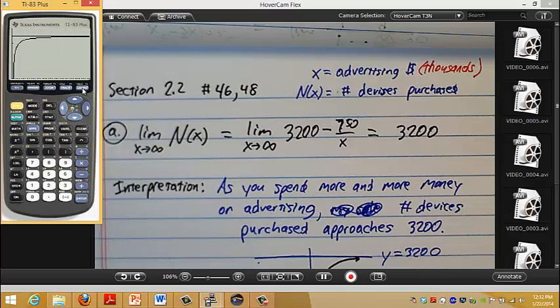There's the asymptote. But you don't want that, I don't think. I think what we want, if I go to the y equals screen again, is to graph these values. So let's graph, it says between 2,700 and 3,000. Y equals 2,700 and y equals 3,000, or n of x in this case.